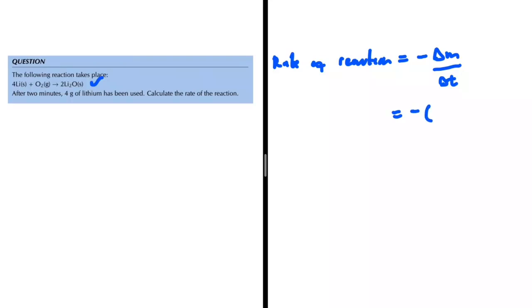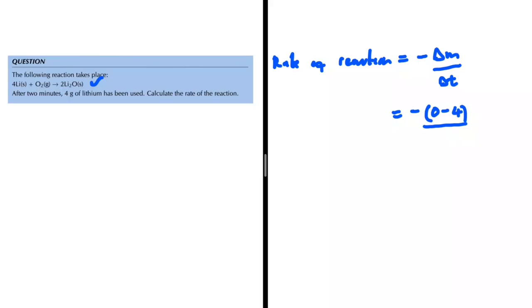That is what we imply by the change in mass. After 2 minutes, 4 grams of lithium has been used. So now we have 0 as the final, and the initial we have is 4 grams, right? And then we divide that by the change in time. This is happening over the course of 2 minutes.